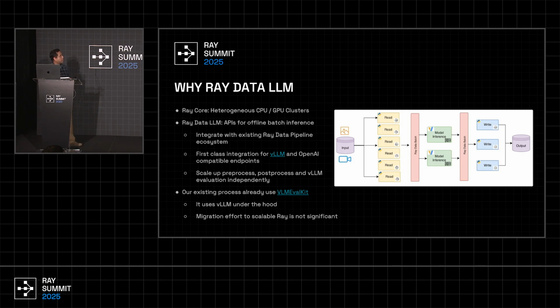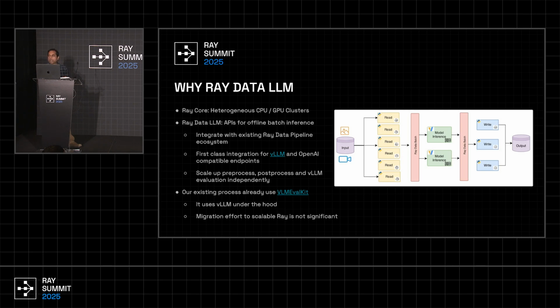Ray provides a great ecosystem so that we can have this heterogeneous compute all in the same place. Some workloads run on the CPU, for example the reads. Some workloads run on the GPUs, for example the inference. And some of the post workflows, like writing, also work on CPU. The good thing is we also have custom in-house LLM evaluation toolkits, functions or libraries. We can also add them to the post-process.